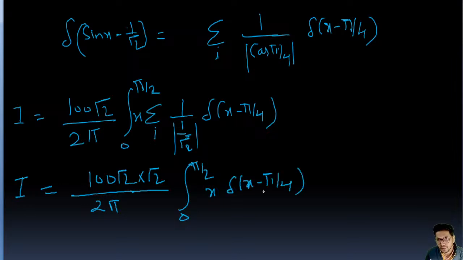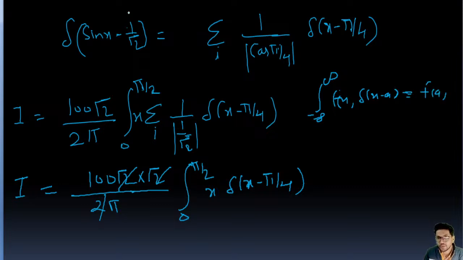The 2 root 2 will get cancelled with 2. Here we'll use property number 8, that is the integral from minus infinity to plus infinity of f(x) delta of x minus a is f(a). This property we know.